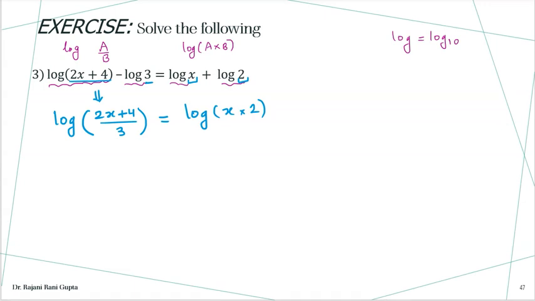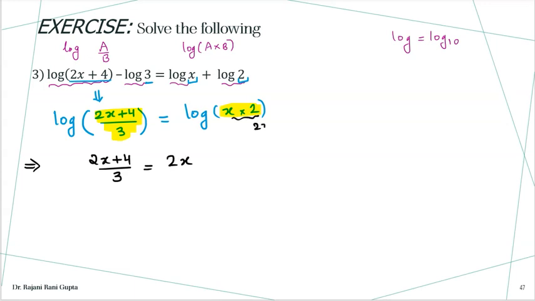Okay. So if you feel that you are making a mistake over here, you can directly write 2x. It's fine. So again, log of (2x plus 4) divide 3 is same as log of 2x. So it's possible only when (2x plus 4) divide 3 is same as 2x.